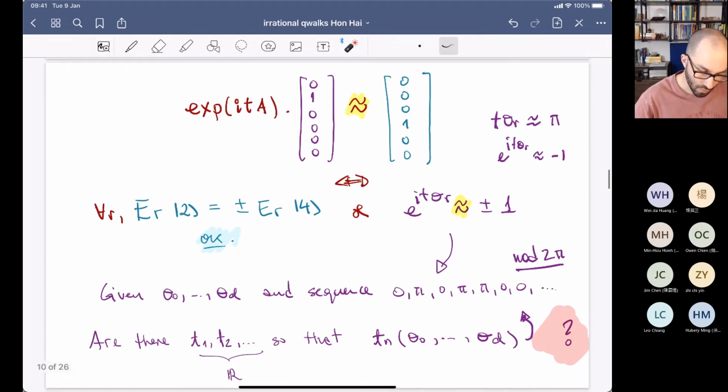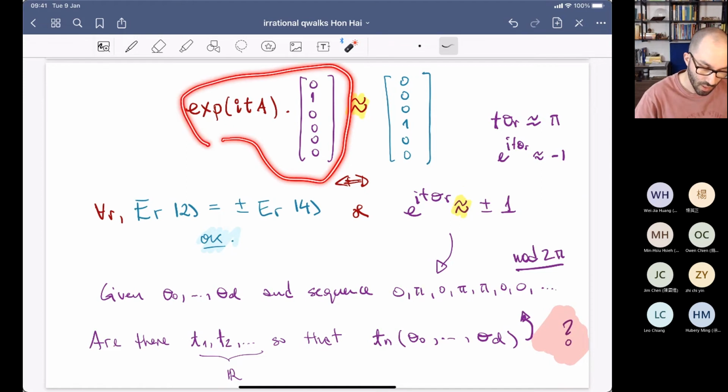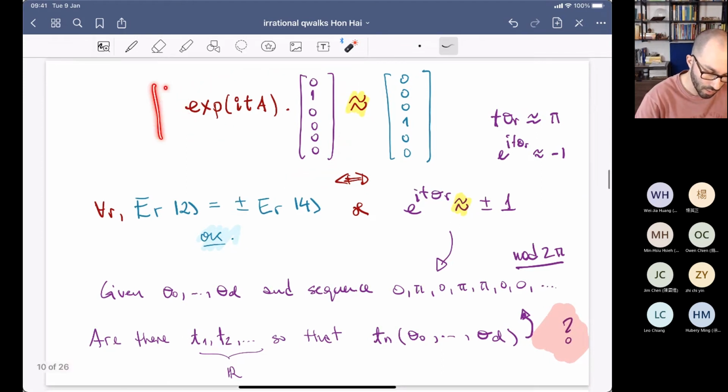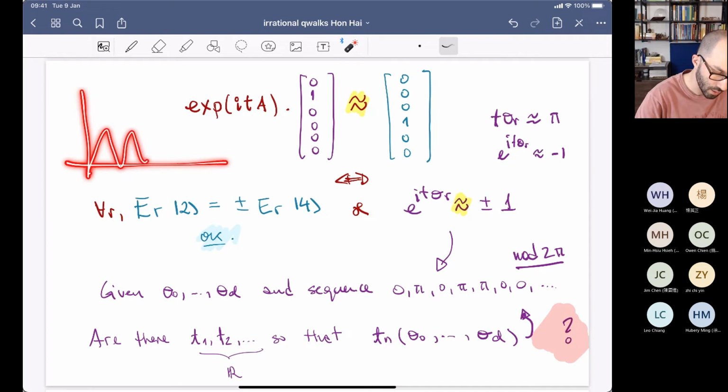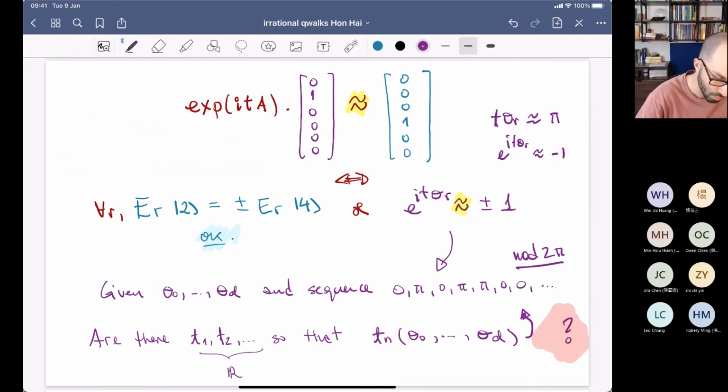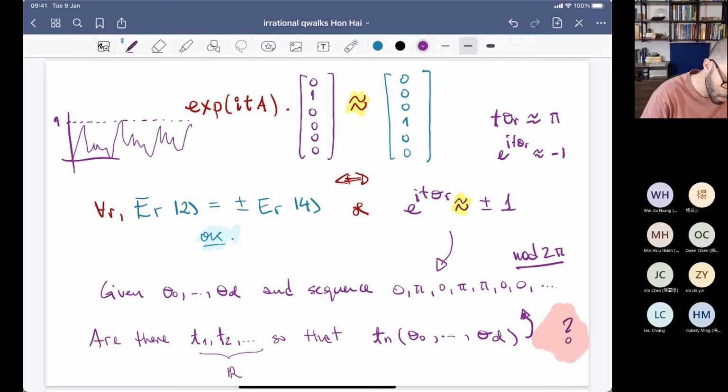Because basically, if you plot the absolute value of the difference of these two things, you will see that it looks something like this. Approximately, I mean, it won't look this nice. It will be something that goes up and then down and then up and then down, and then of course here is one. And you want to get as close as possible to this.